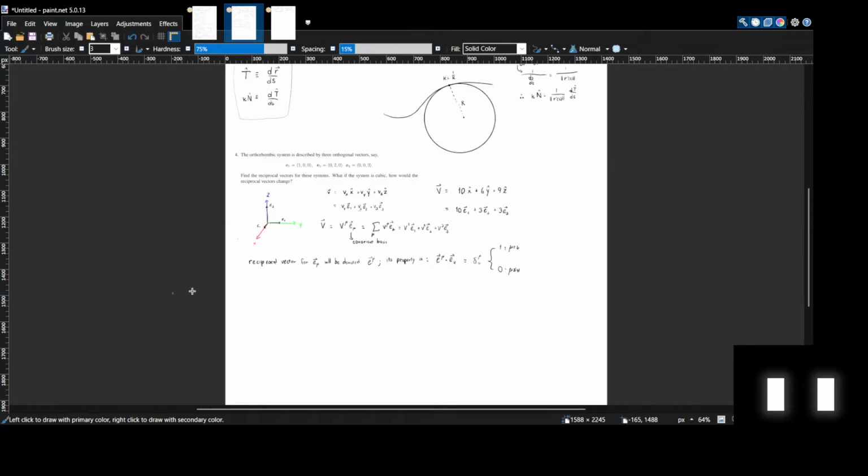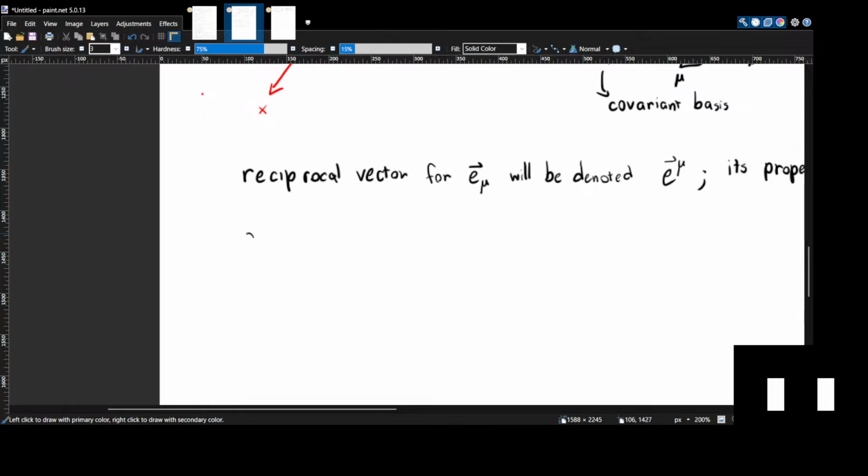So for example, let's say we have somehow found the reciprocal vector for E1. The reciprocal vector for E1, dotting this with the normal E1, is going to get you just 1.